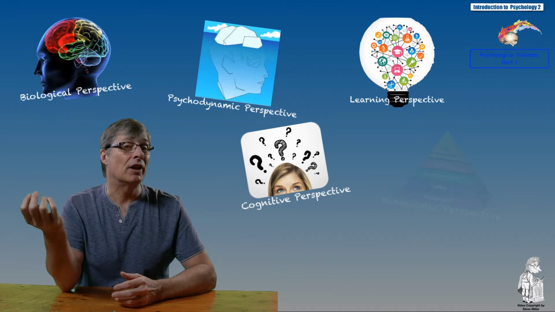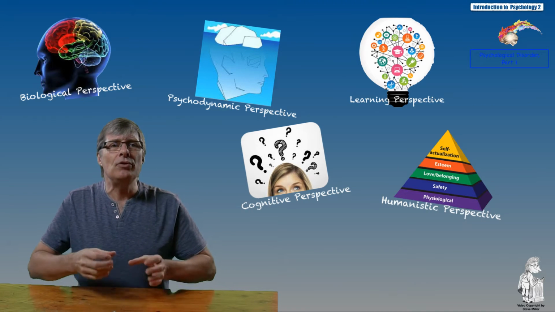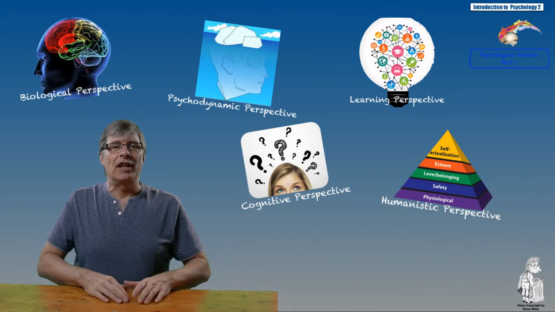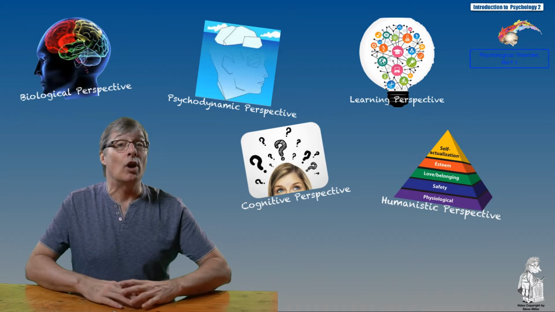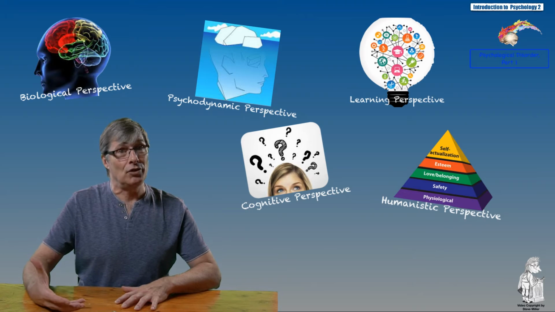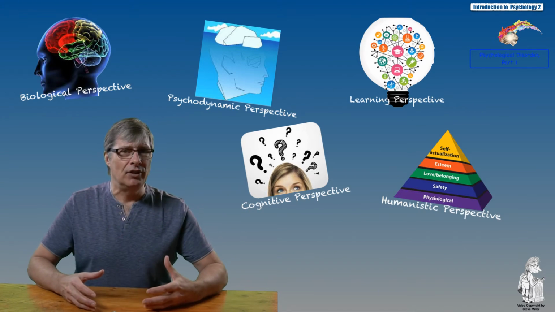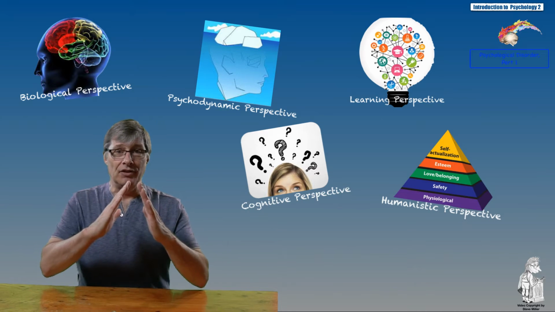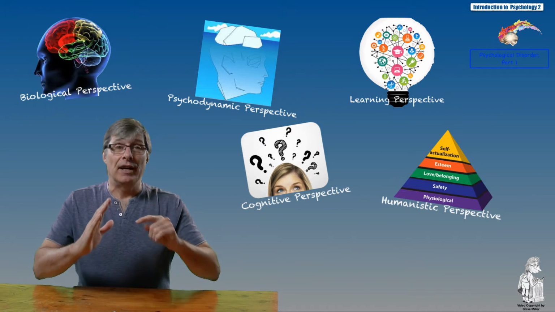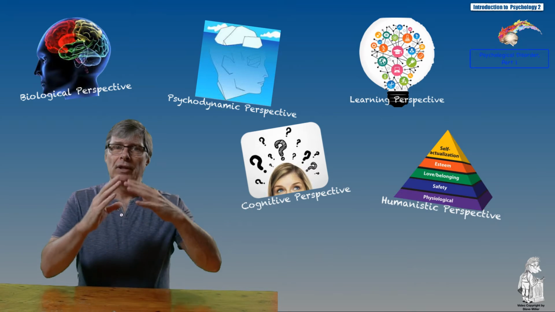And then five, the humanistic perspective, which views psychological disorders as a result of blocking one's own natural tendency towards self-actualization. That makes sense given how we've seen the hierarchy of needs, where self-actualization is at the peak, and all of these other elements need to be achieved to get to that point.